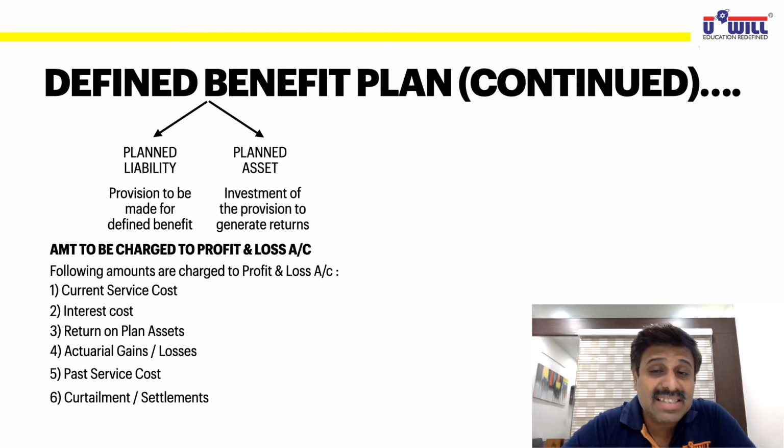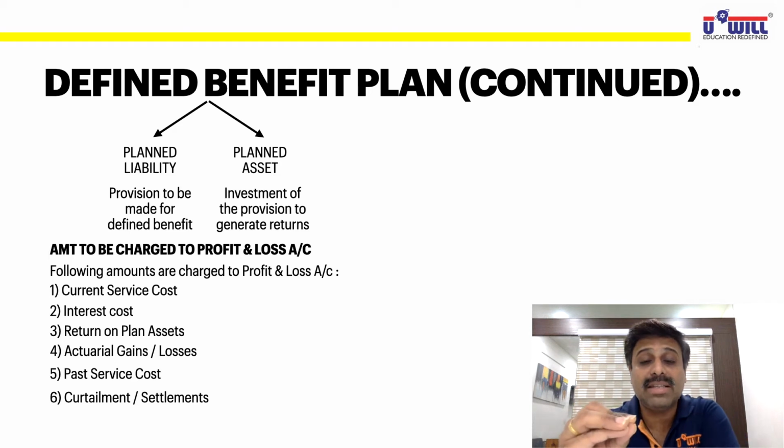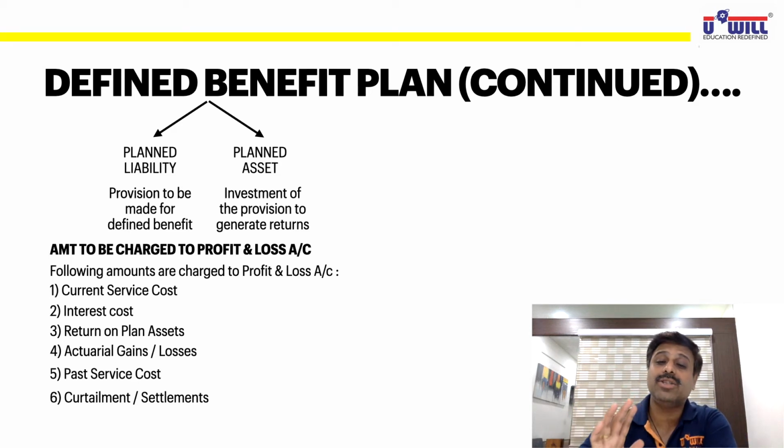Each of these six things with practical questions we will see in detail. However, in today's lecture, we will see only the first four things, and even in the fourth thing, actuarial gains or losses, we will study 50% only in today's lecture, because actuarial gains or losses can result out of various things. So some part of actuarial gains and losses we'll study in today's lecture.